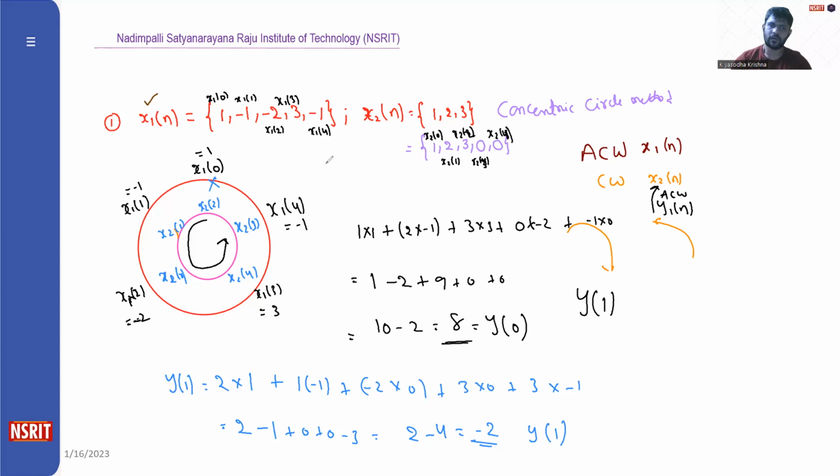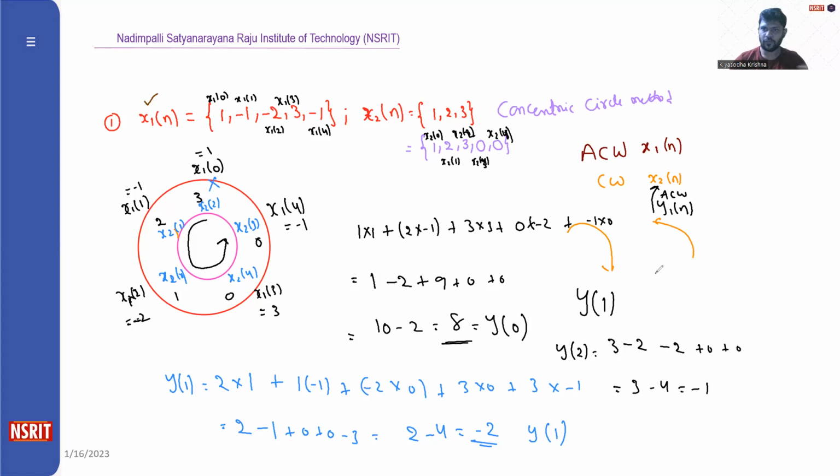Replace the values: 1, 0, 0, 2, and 3. Now calculate y of 2 as the product of these two: 3 into 1 is 3, minus 2, plus 0 plus 0. 3 minus 4 gives minus 1 only.